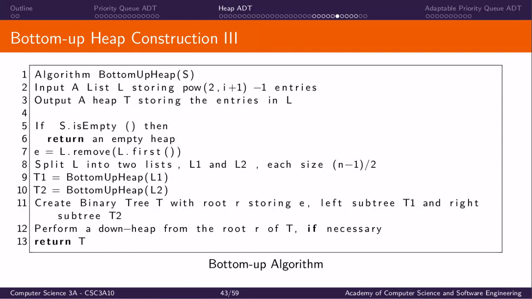But then for any other case, we'll recursively call the bottom-up heap construction on a heap that is splitting that list. All right, so we start with a list storing a certain number of entries. To be convenient, it has to be a number of entries that is some power of 2 minus 1. So it's that full binary tree that we've looked at.